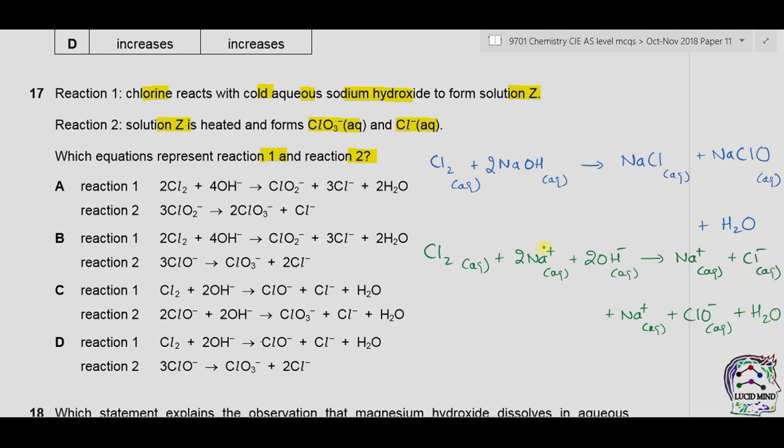Now cutting out the spectator ions, we have sodium. The equation that is left behind is Cl2 aqueous plus 2 hydroxide aqueous gives chloride, ClO, and water.